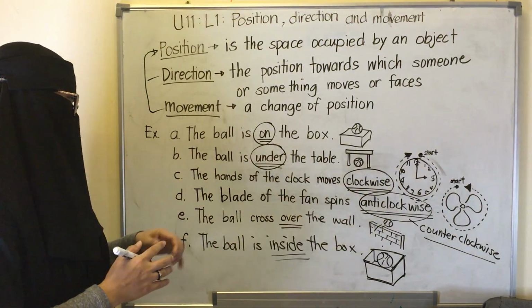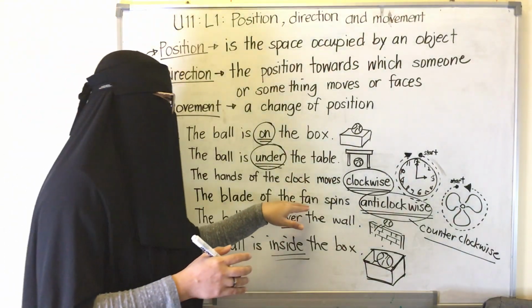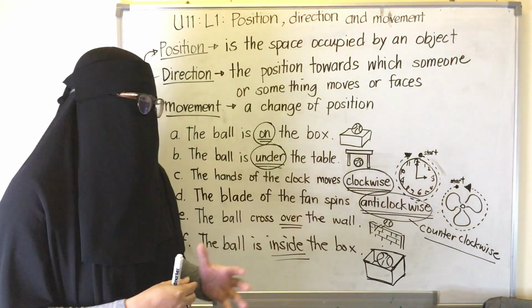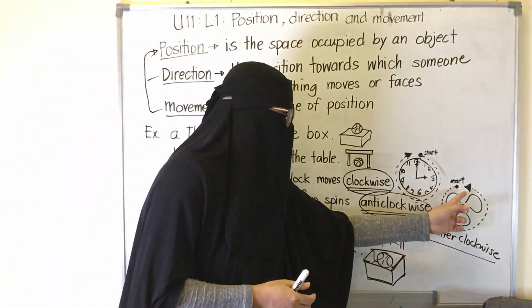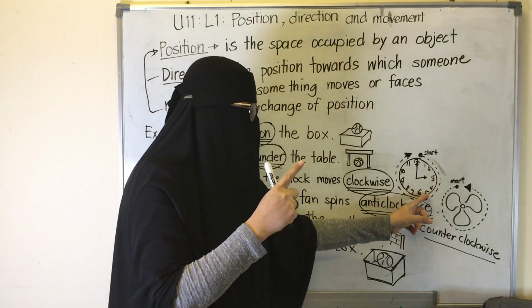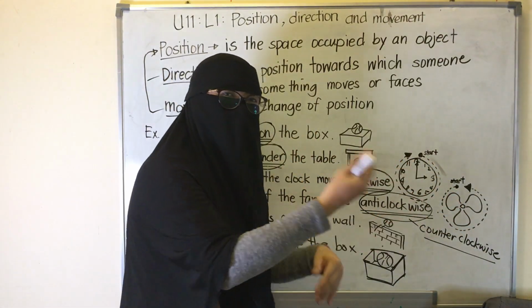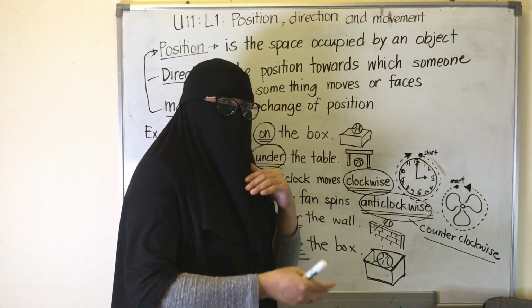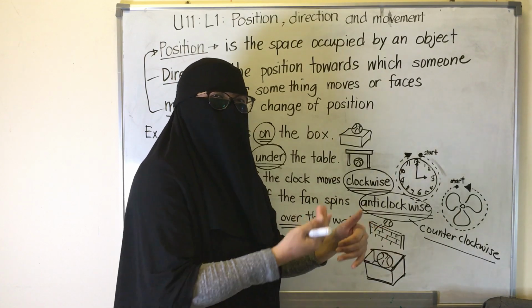They are just the same. The blade of the fan spins anti-clockwise or counter-clockwise. If you think again about how the hands of the clock move, this one is the opposite. That's why it's called counter or anti.